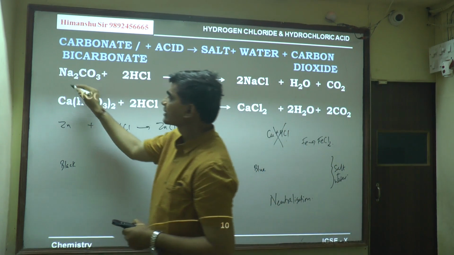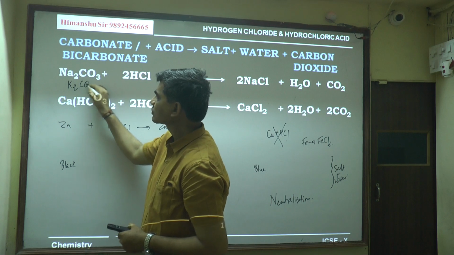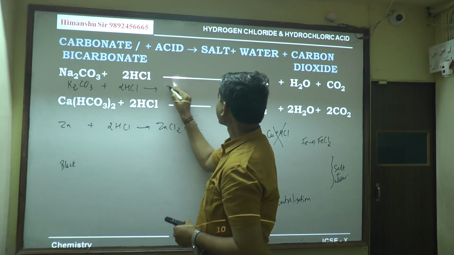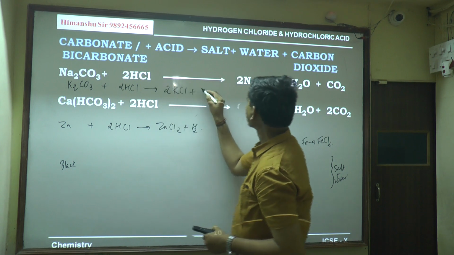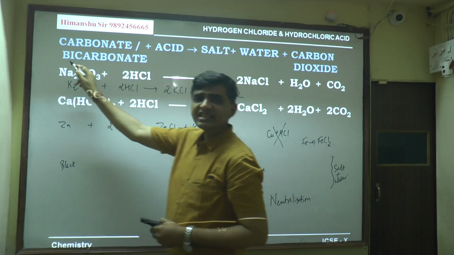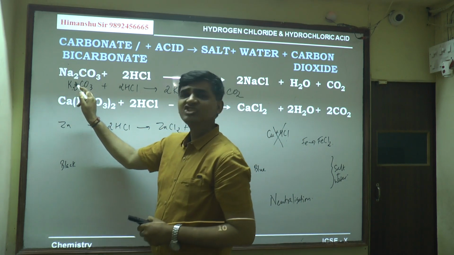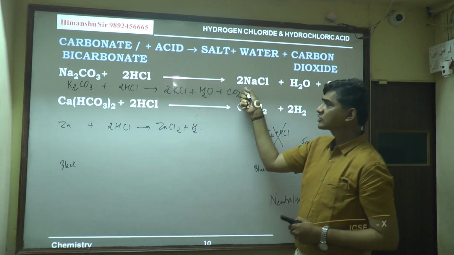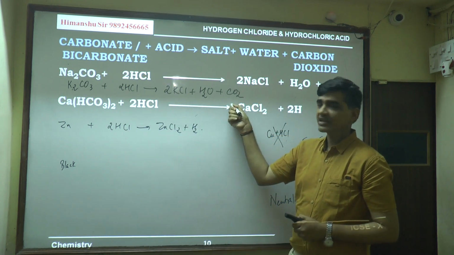Instead of sodium carbonate, you can take potassium carbonate: K2CO3 plus HCl will give you potassium chloride plus water plus CO2. By changing the metal, sodium, potassium, zinc carbonate, copper carbonate, you will get the corresponding salt, water and carbon dioxide.